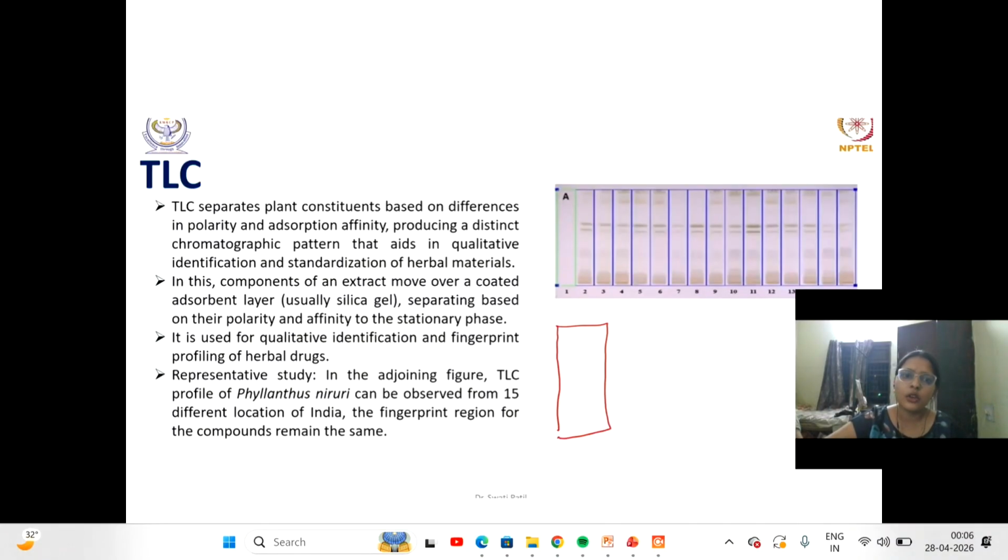It is used to identify and fingerprint profiling of herbal drugs. So like the profile of Phyllanthus niruri can be observed from 15 different locations of India. The fingerprint region for the compound remains the same.